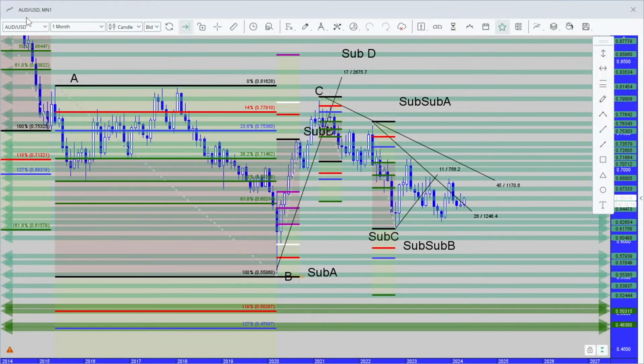This is AUD/USD on the monthly chart. Original Fibonacci, capital A, capital B, capital C. So how to chart, how to find, how to readjust.